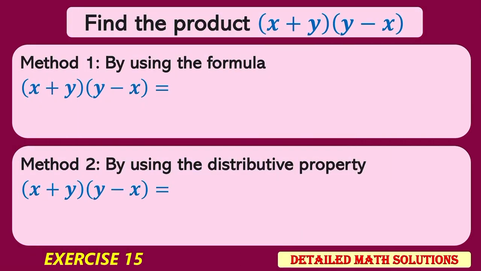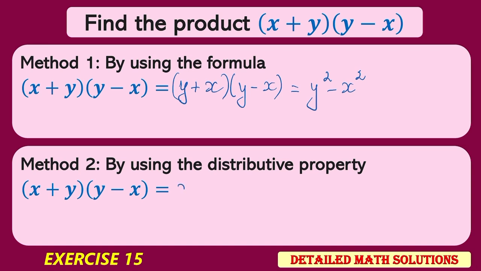Next exercise. Find the product (x plus y) multiplied by (y minus x). This expression can also be written as (y plus x) multiplied by (y minus x). In this way, I can apply the formula, and this equals y squared minus x squared.